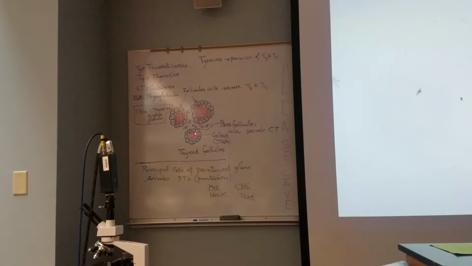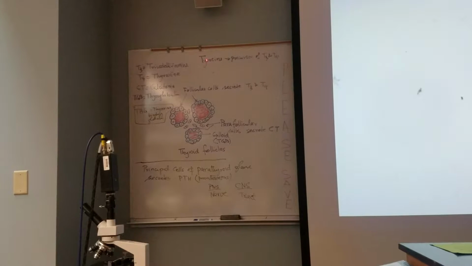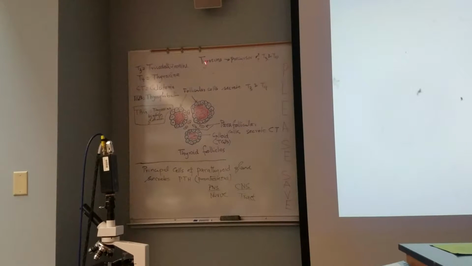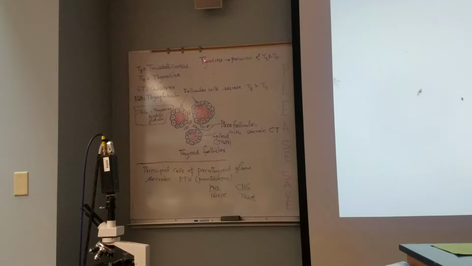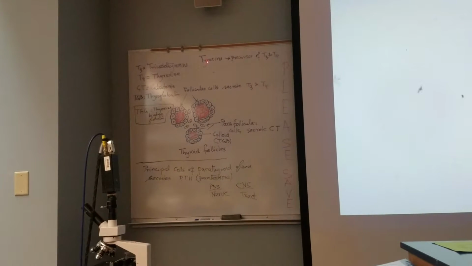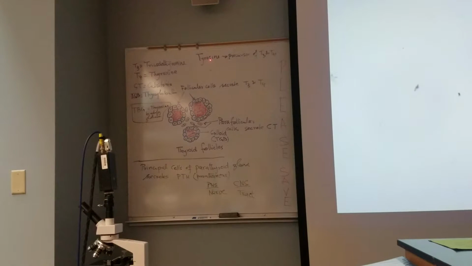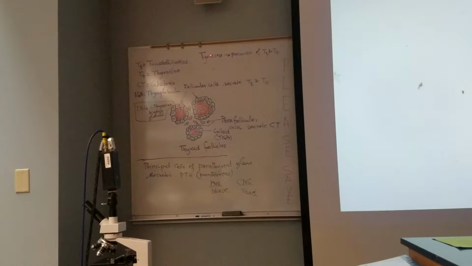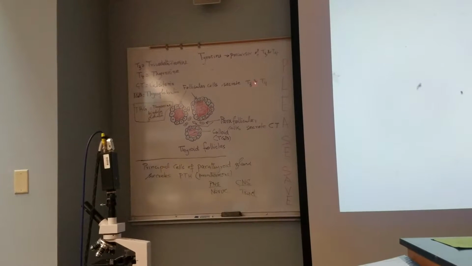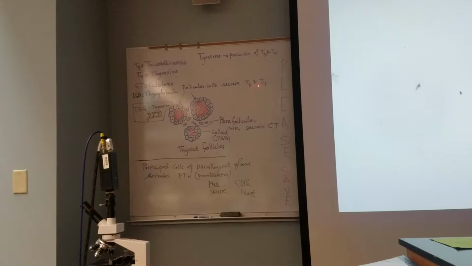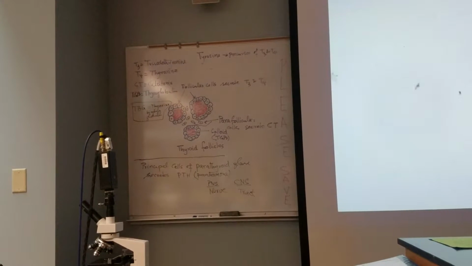So what is the precursor for T3 and T4? It is an amino acid. Amino acids make protein. This amino acid is called tyrosin. Tyrosin is iodinated. This number 3, number 4, that represents the number of iodine atoms.